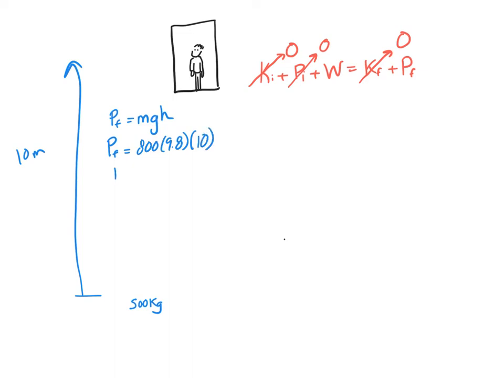So our P final is 78400 joules. Let's plug that in. Work equals 78400 because that was our final potential. And that's it. We're done.